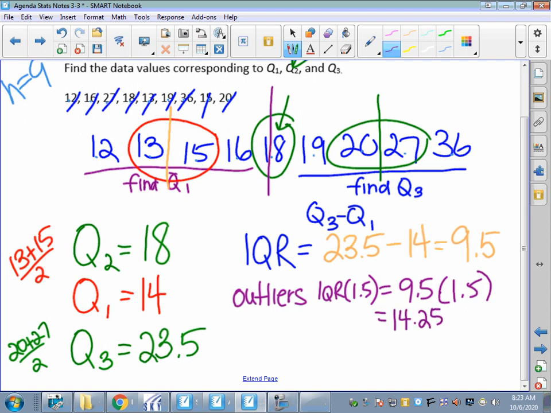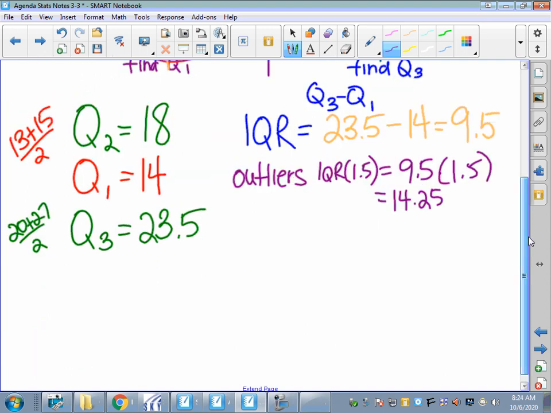Well, that doesn't tell me anything yet. IQR times 1.5 tells me how far up or down I'm willing to go. So I'm going to take my Q3 and add that value, plus 14.25. I'm going to take Q1 and subtract that value.